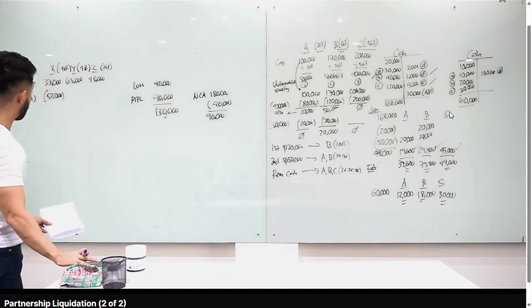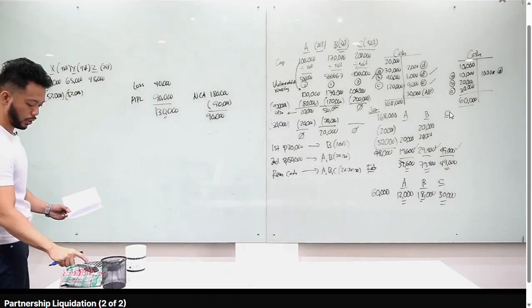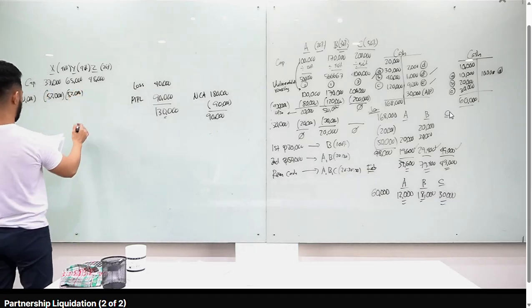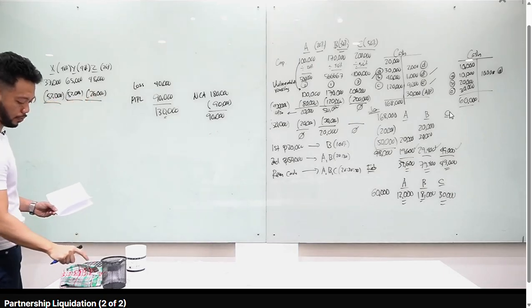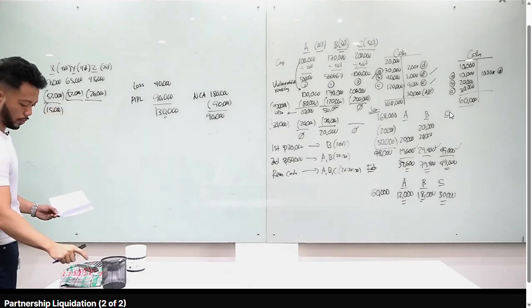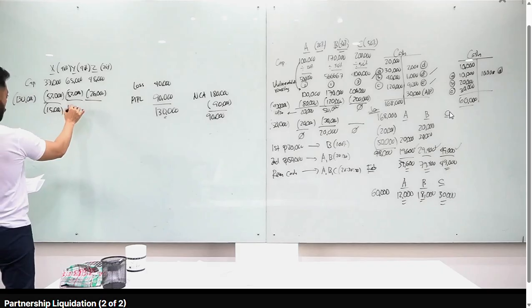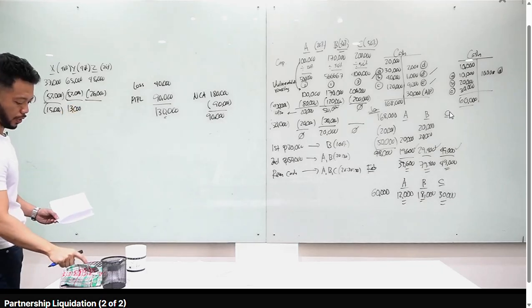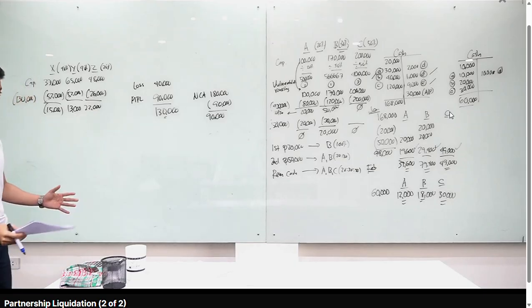And then 130,000 times 40%, that's 52 for partner Y. 130,000 times 20%, that is 26,000 for partner Z. So look, class, their balances, 37,000 minus 52, 15,000 negative for partner X. For partner Y, 65,000 minus 52, you have 13,000. And for partner Z, 48 minus 26, 22,000. Okay? So, our assumption is insolvent.